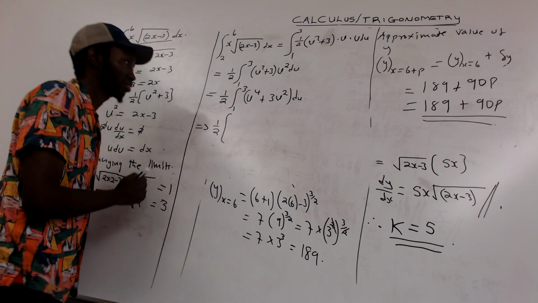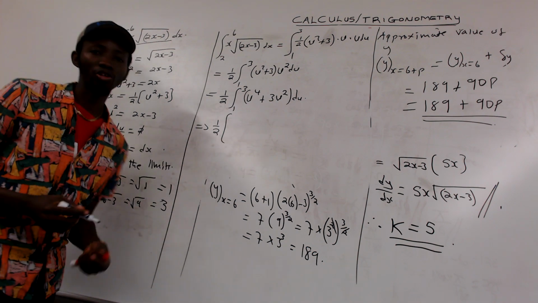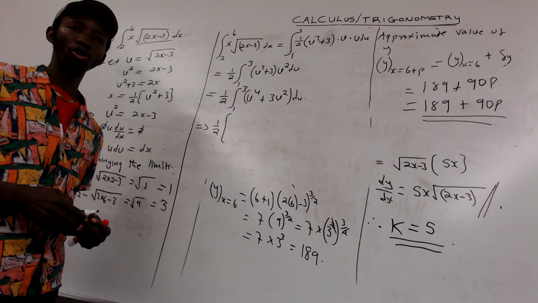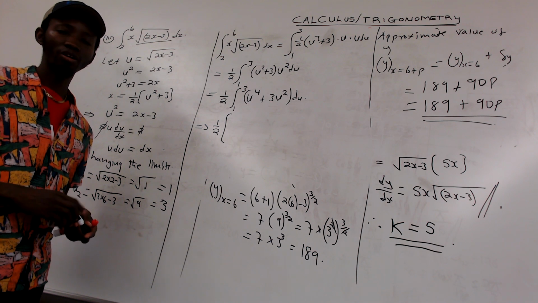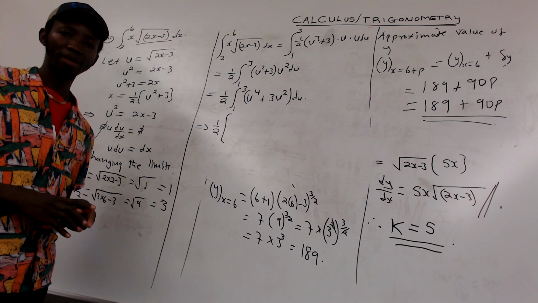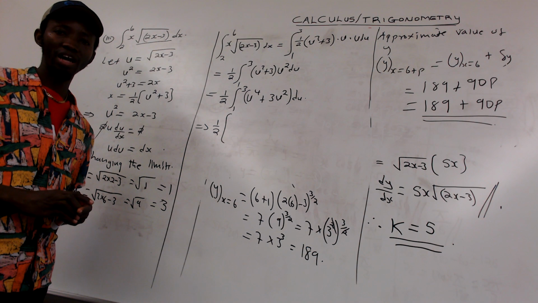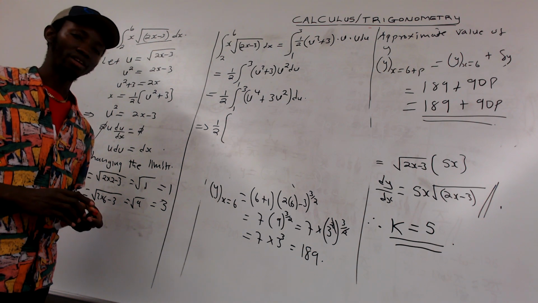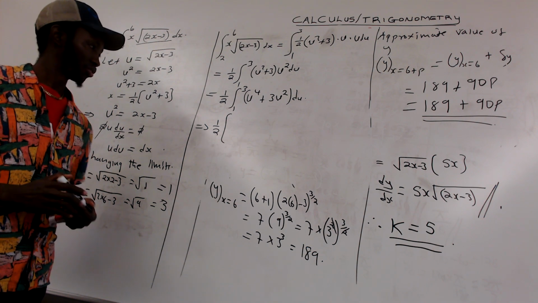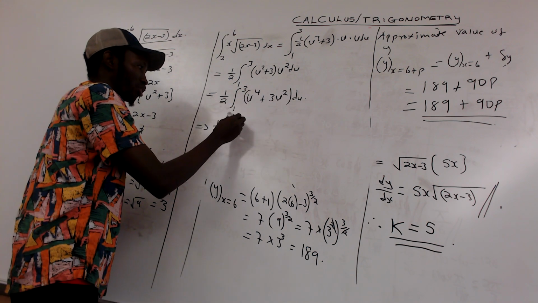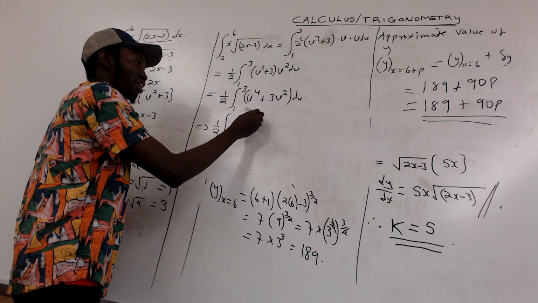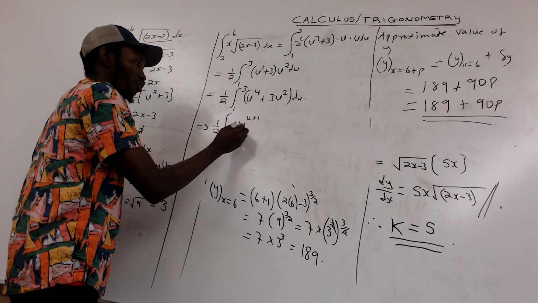We integrate. As I was saying, when you integrate a function, the power of the function will increase by 1, and that total value is going to be divided by the new power. You see, so if we integrate this u to the power 4, it's going to be u raised to the power 4 plus 1, which is 5, divided by 4 plus 1, which is 5.